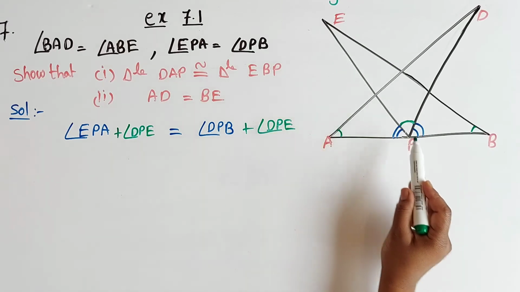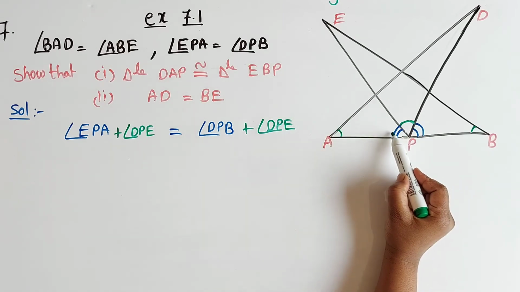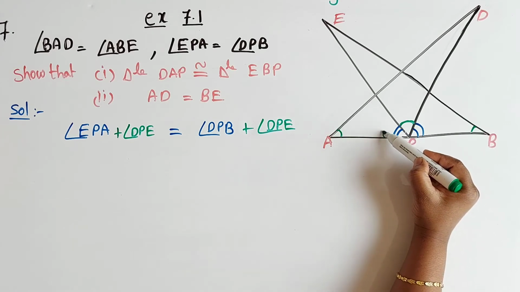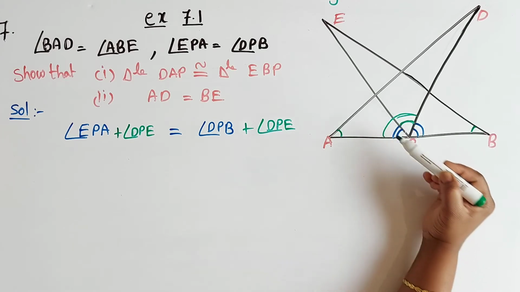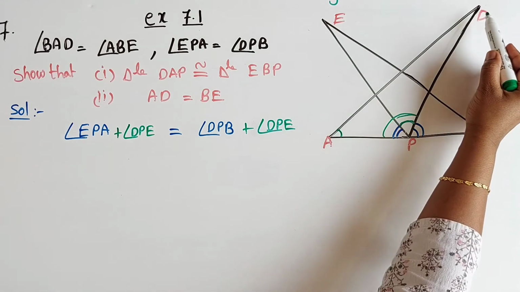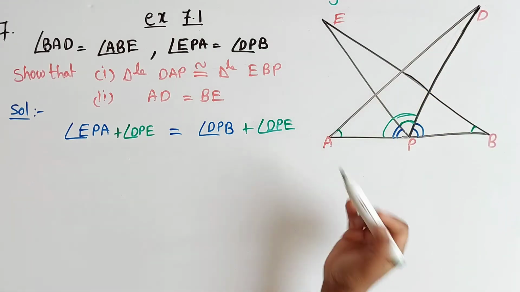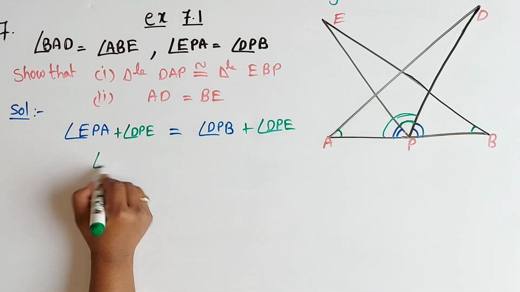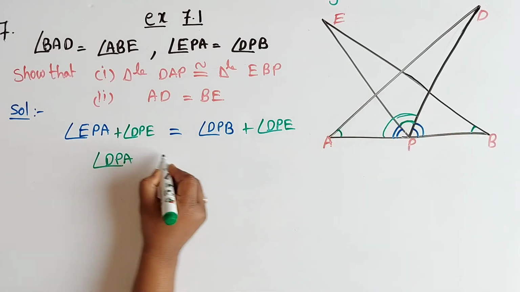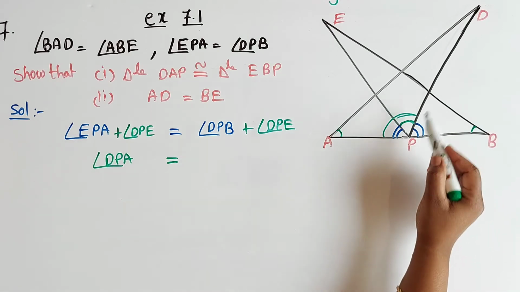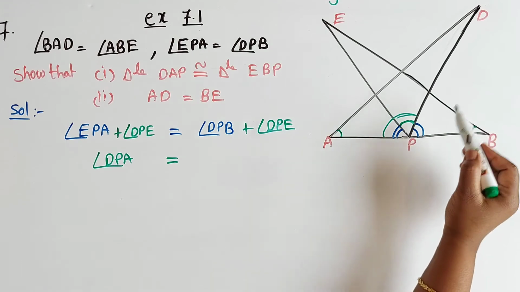So after adding, now we'll check the angle. EPA, this one, plus DPE, this one. Now this is the total angle. Correct, children? So it will be APD, or else you can write DPA. This full angle DPA is equal to, now we'll check this side, angle DPB plus angle DPE.